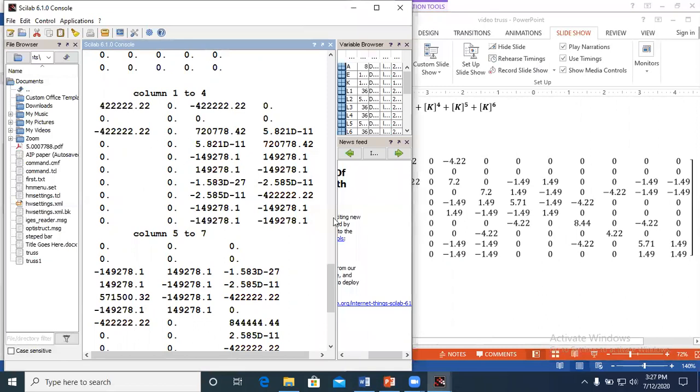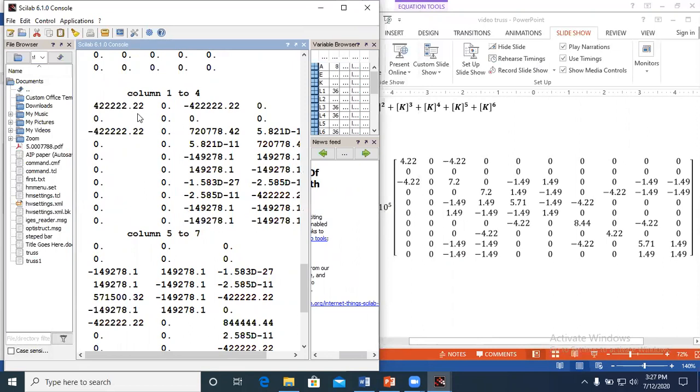Now first row is 4.2 into 10 raised to 5, this one. Now this is your 7.2. Here your second matrix, that is second stiffness matrix is added. Now next is 0, next is minus 1.49, 0, 1.49, 1.49.